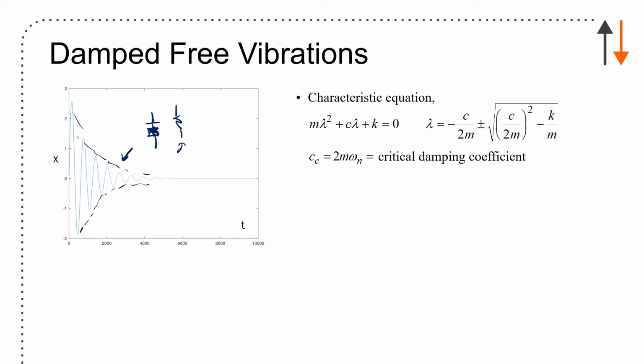So if you look here, we have the typical cookbook equation that we sort of force you to derive in order to solve these problems. That form is going to be something that looks like m lambda squared plus c lambda plus k equals 0. And then we tell you that the standard form of this expression is lambda equals minus c over 2m plus or minus the square root of (c over 2m) squared minus k over m, which is omega n squared, the natural frequency squared.